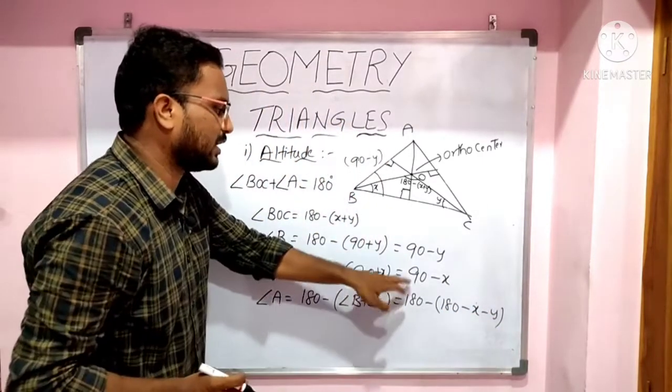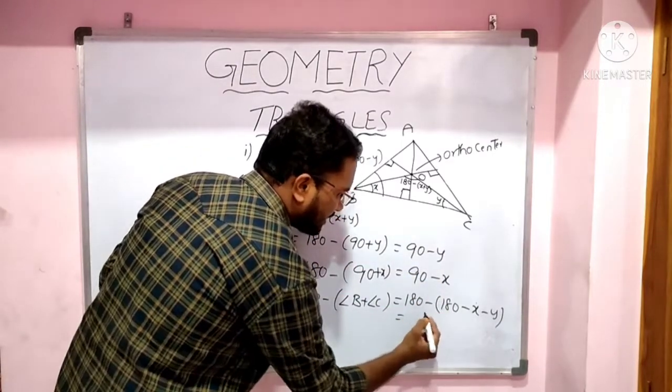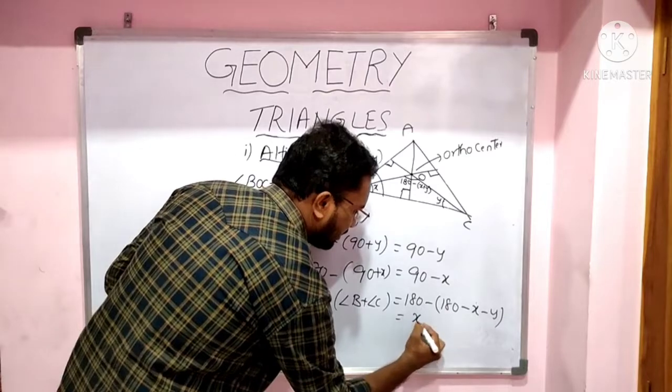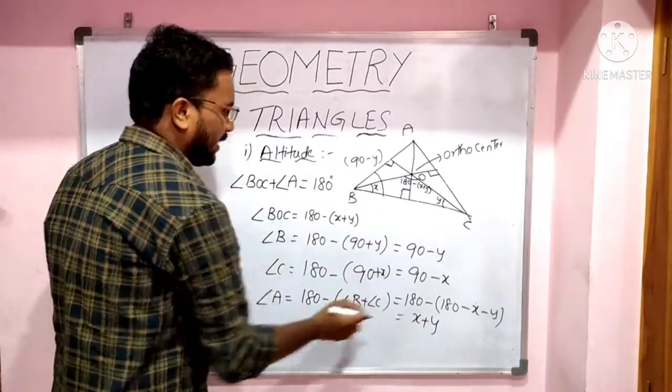The 180 cancels, minus into minus is plus, so angle A is X plus Y.